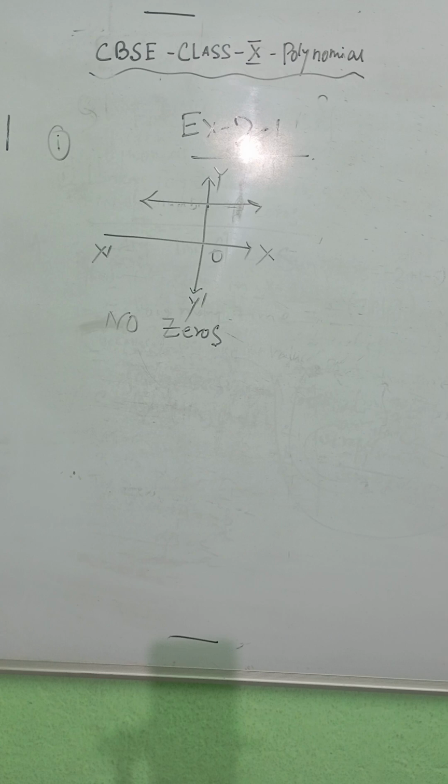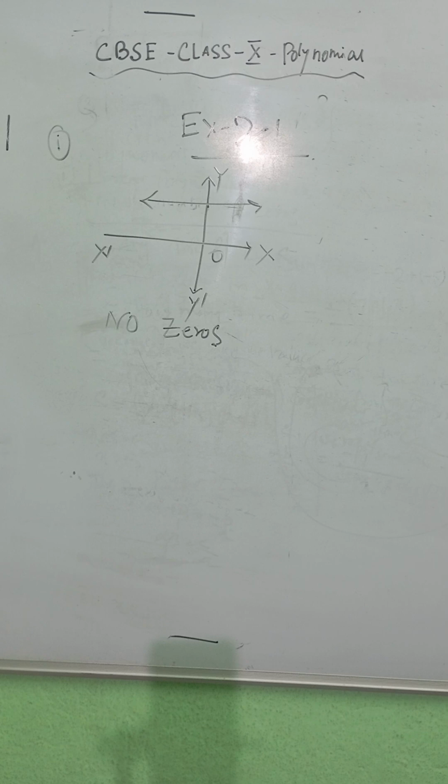So basically, in the question paper, they have given different types of curves which cut the x-axis multiple times.